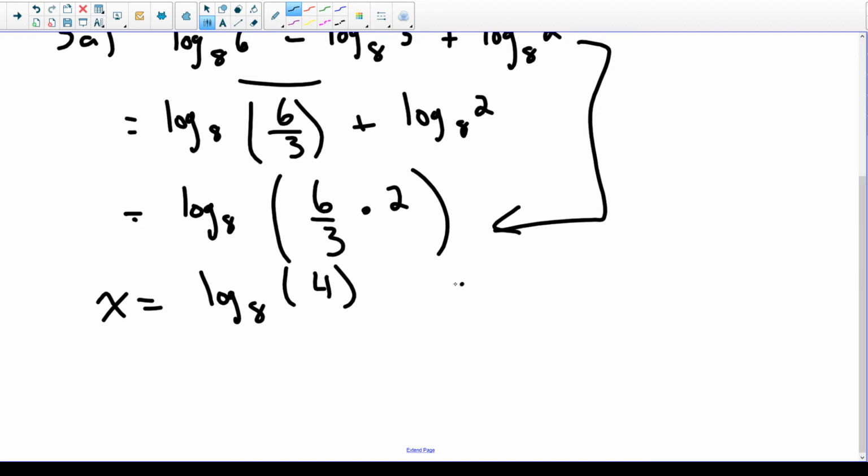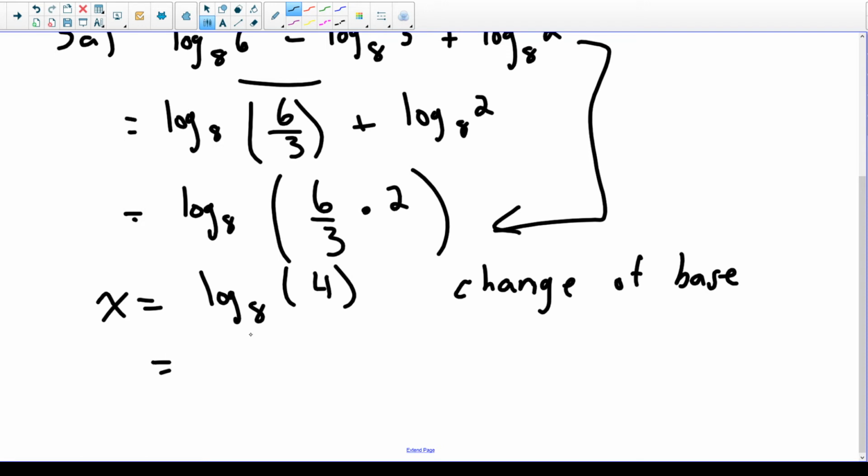I'm not sure how many people would catch on to that one quickly, so let's do the full change of base idea, just in case there may be scenarios later on where this will not be possible. If this had been 4.73 or something like that, then you wouldn't have wanted to try to do it mentally. So let's just do the change of base and show you where it comes into play.